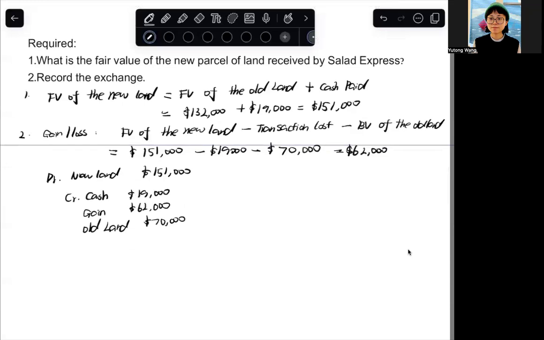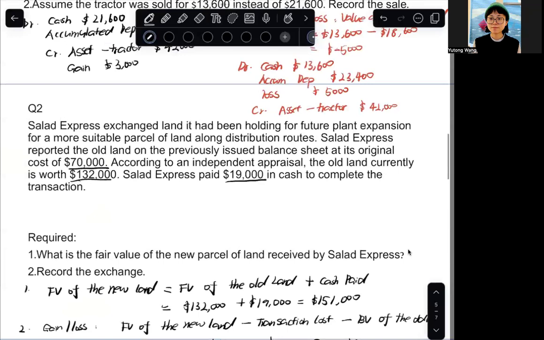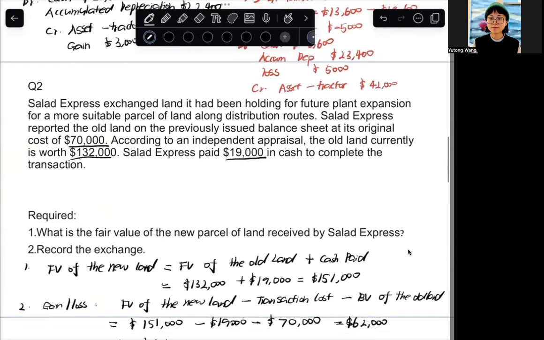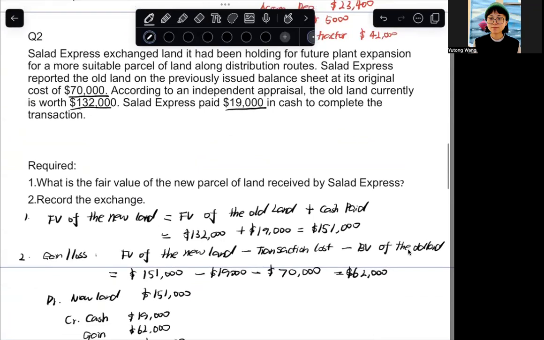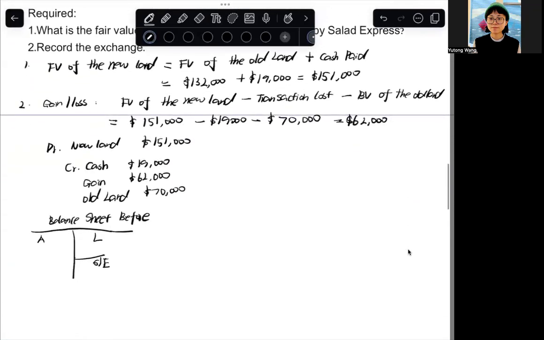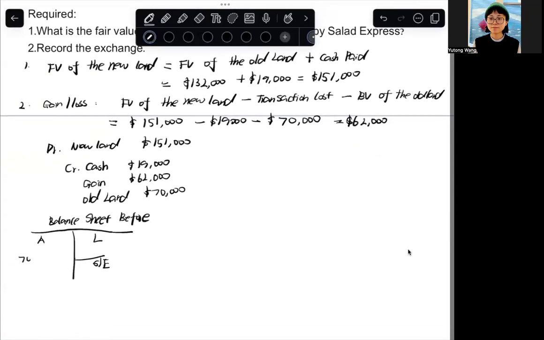Let's look at the balance sheet. Before the transaction. So asset, liability, shareholders' equity. So before this transaction, let's focus on this land only. 70,000. Okay.